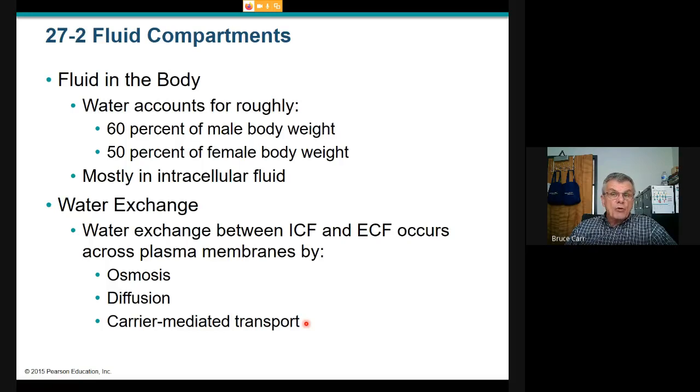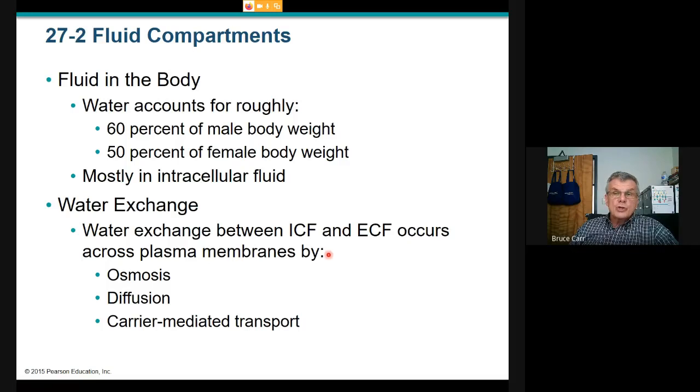That means that across that semi-permeable membrane, there is a constant potential for transfer of water. And with the transfer of water, you're really changing the concentrations of ions, of metabolites, of nutrients inside and outside the cells.